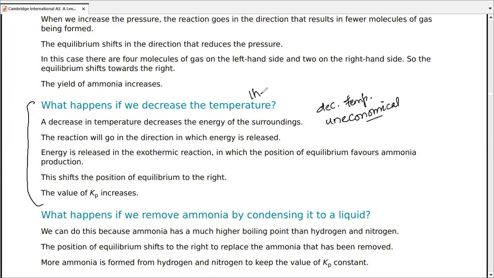This is a theoretical discussion. In practice, what industry is doing is increasing the temperature to around 450 degrees centigrade for Haber's process, right? And this temperature actually favors the reaction as a whole.